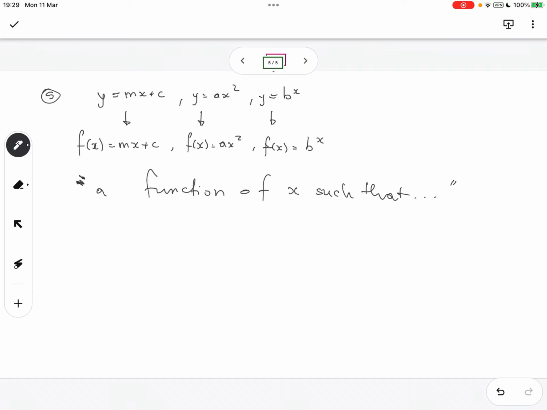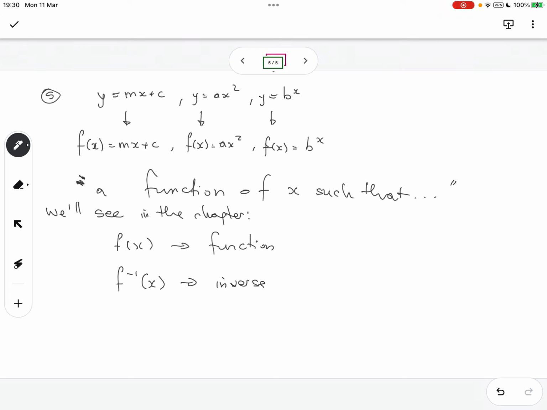Now what you will see in the chapter is that we will be able to go from f of x, which is the function, to f inverse of x, which is the inverse of the function.